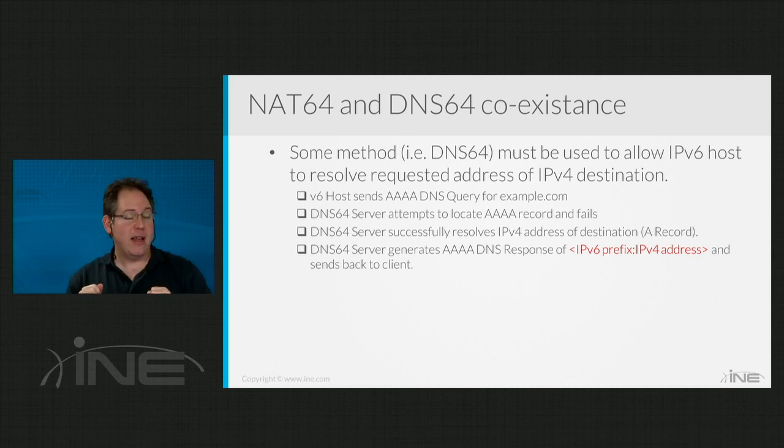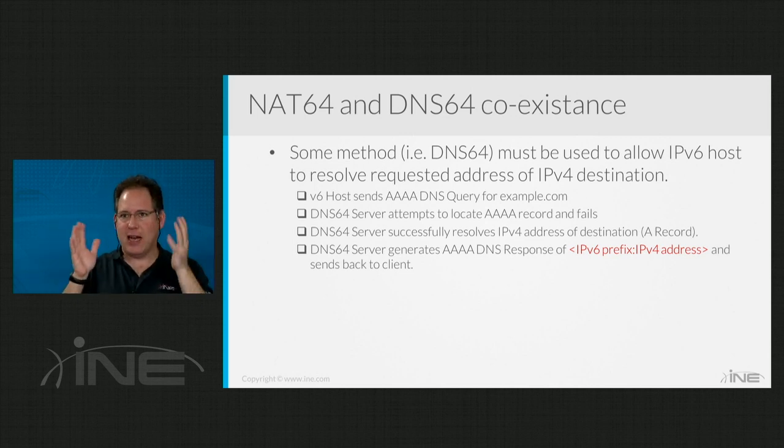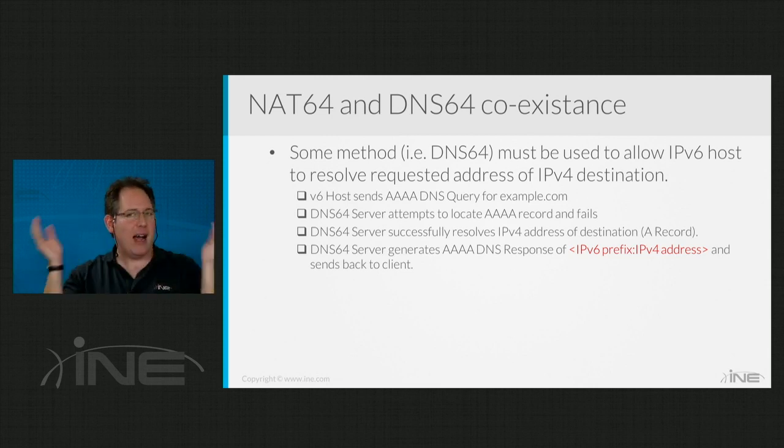Now let's say that ine.com actually has no IPv6 address. ine.com is a pure IPv4 only web server sitting in the IPv4 world. But here I am, a laptop running v6, and I'm querying my server saying, hey, can you give me the v6 address of ine.com? Well, in a normal DNS server, the server would respond back saying, sorry, I have no v6 address for you. But in a DNS64 server, something magical happens.